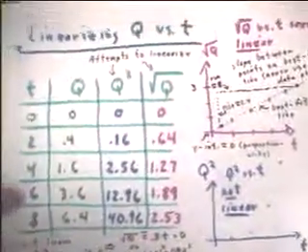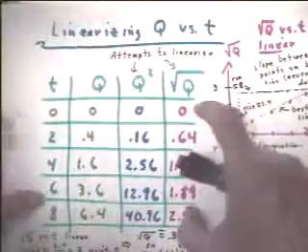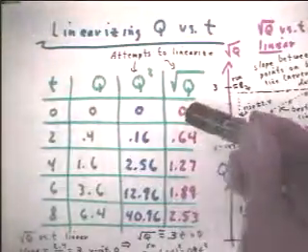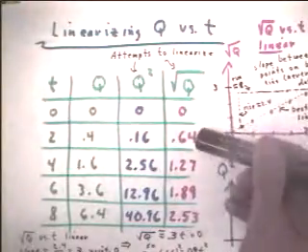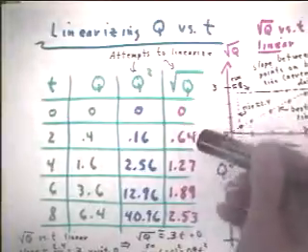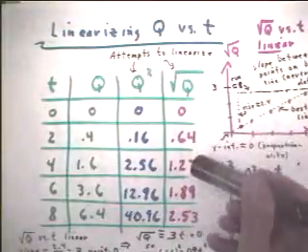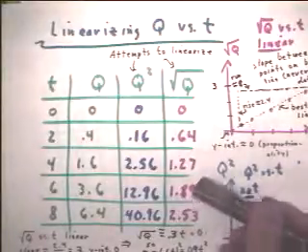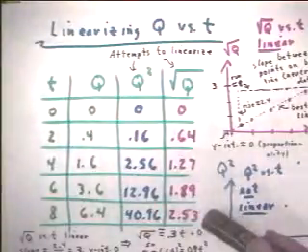So we cross our fingers and hope that square root of q versus t will be pretty close to linear. Now we see that square root of q goes from 0 to 0.64. That's a change of 0.64. Then 0.63 from here to here. From here to here is 0.62, and from here to here is 0.64.